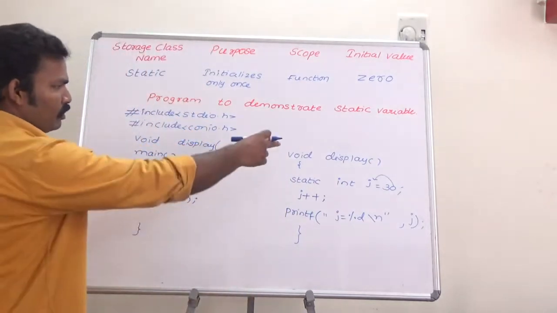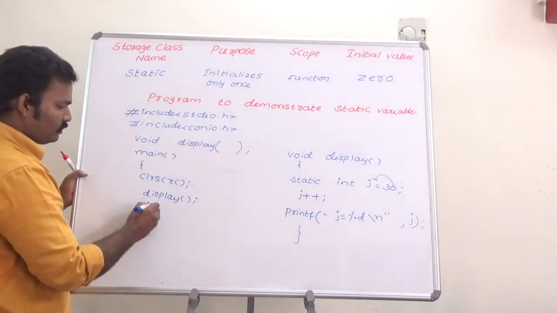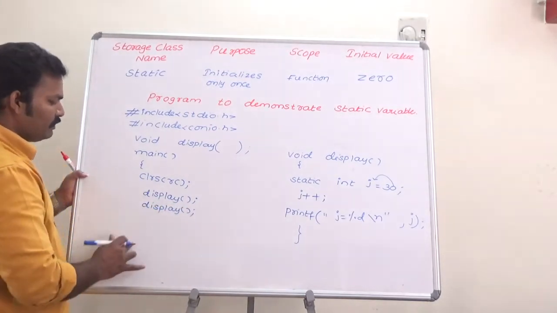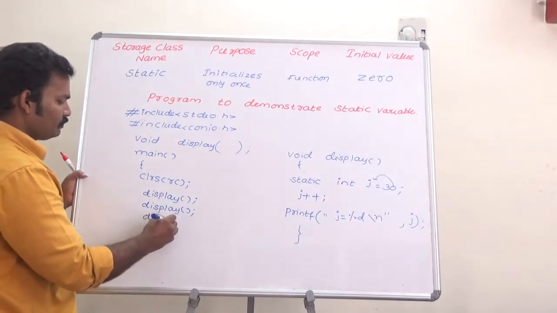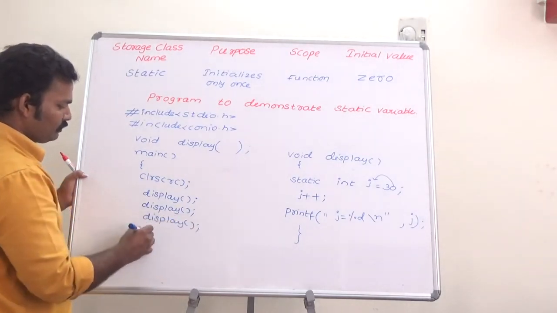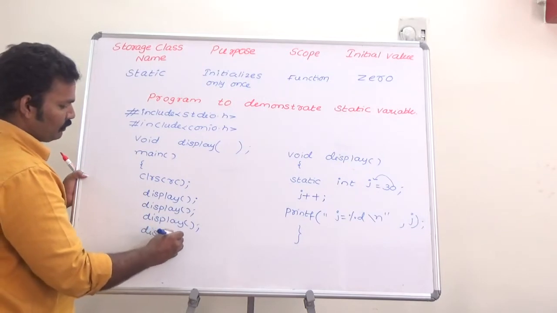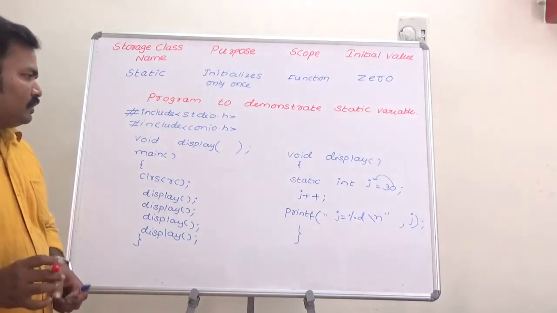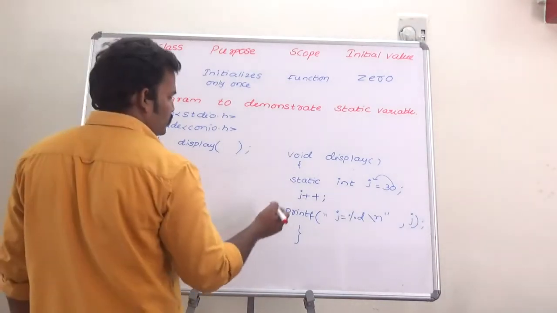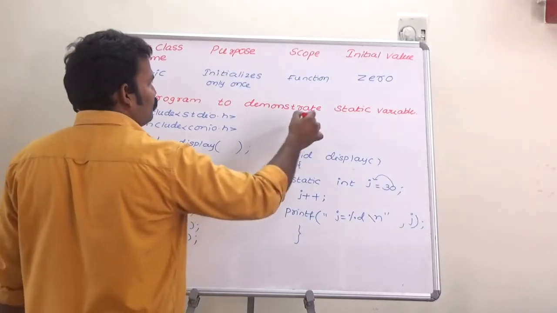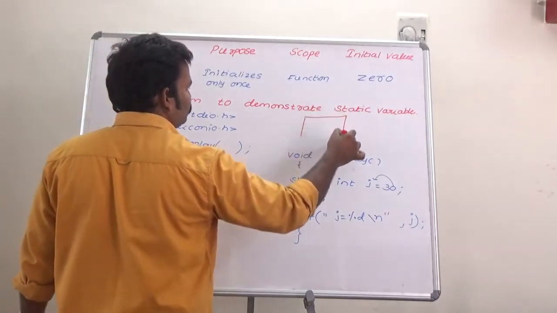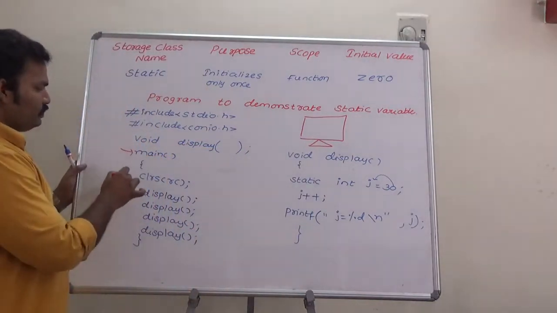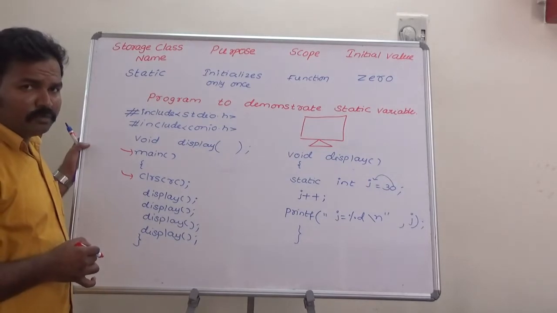Here I am calling the display function 4 times. If we execute this program, what output will we get? The execution starts from the main function. The clrscr function will clear the output screen.